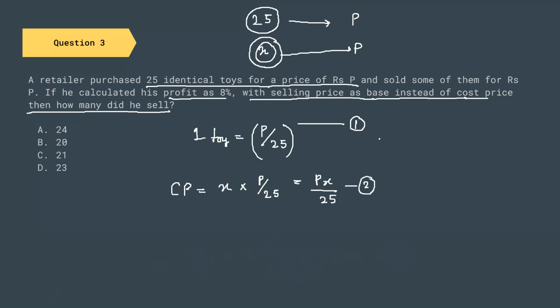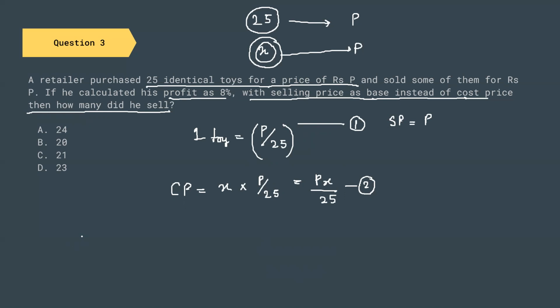And the total SP, he has sold some of them for rupees P only. So the SP is P. Now they have told you to calculate the profit, but you have to take the SP as a base rather than taking CP as a base.